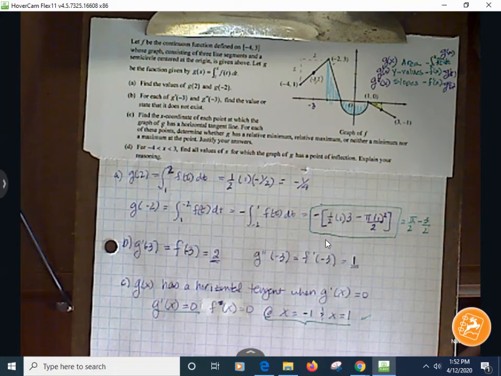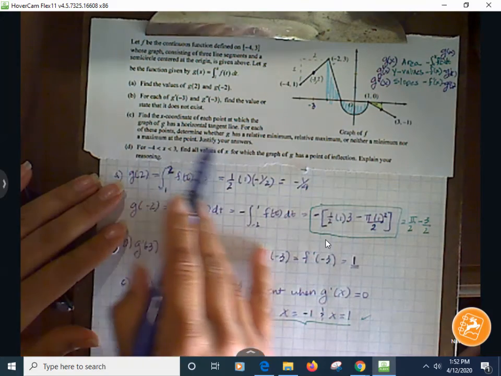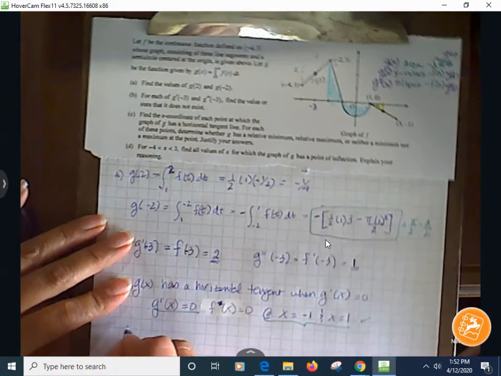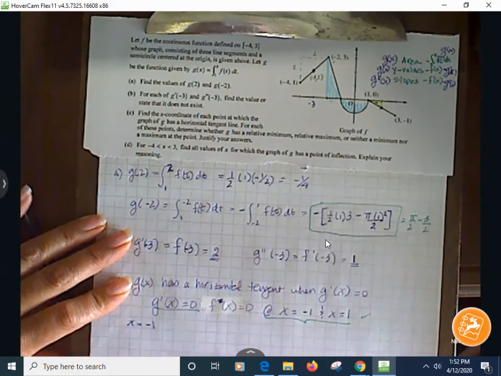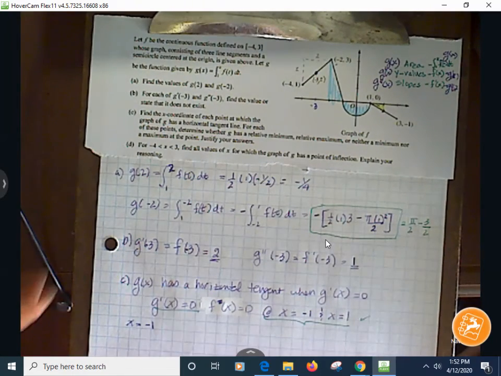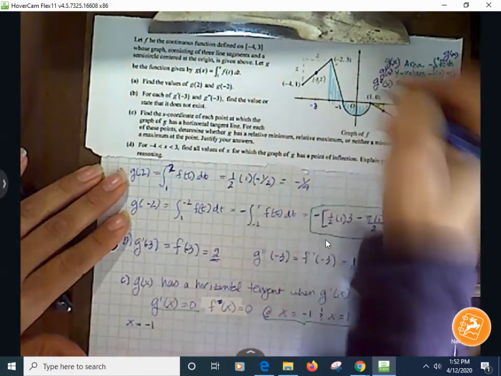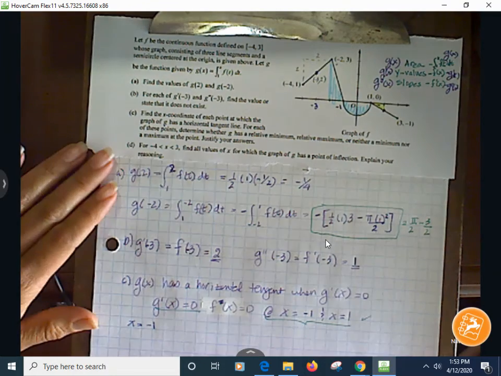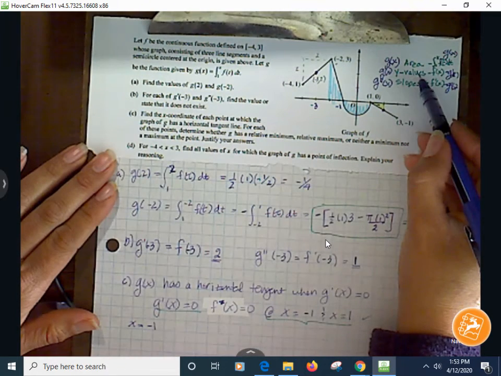Okay, so now the next part is where g has a relative minimum or maximum. Let's look at x equal to negative 1, which is right here. You determine if it's a relative minimum or maximum by finding out if g prime changes sign. g prime is the y values.